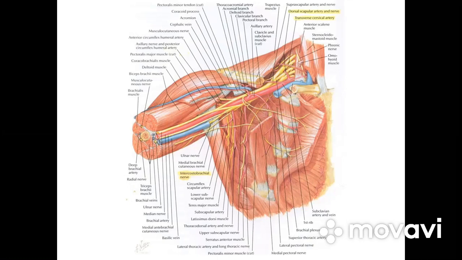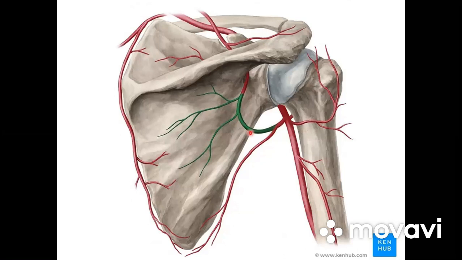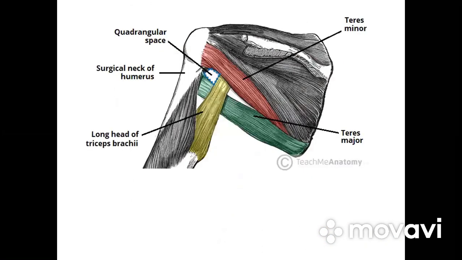First, this is the subscapular artery, arteria subscapularis, which goes vertically downward and divides into two branches, the circumflex scapular artery and the thoracodorsal artery. The circumflex scapular artery goes through the triangular foramen between musculus teres major, musculus teres minor, and the long head of triceps brachii.